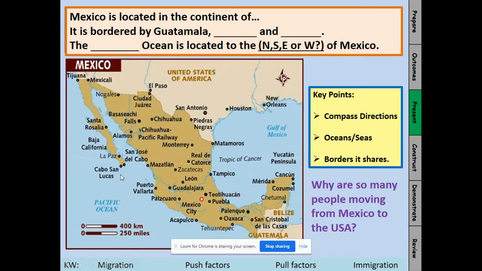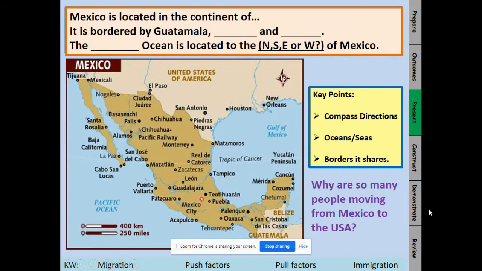The Pacific Ocean is located southwest of Mexico. Something like that with 3 separate points will get you a lot of marks. Well, probably just 3 marks out of 3, but that's enough.